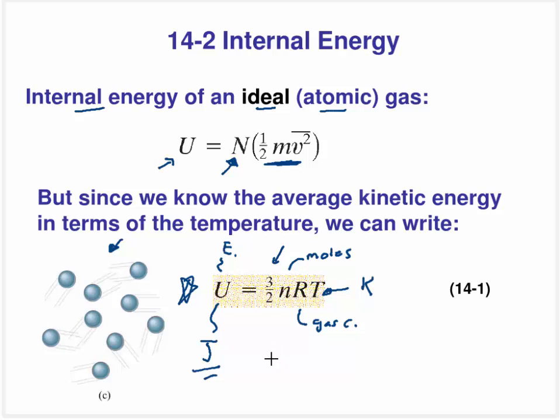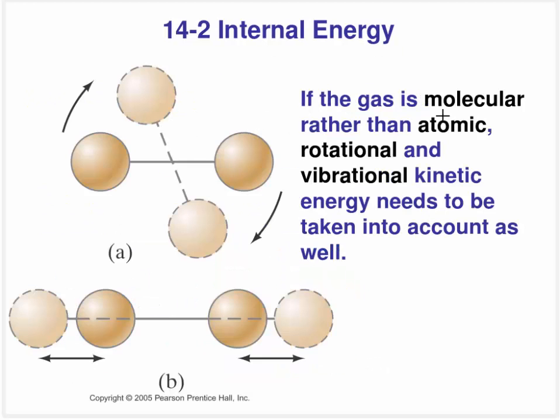Since we're only talking about a gas that has one atom in it, this is only going to be true for monatomic gases. If the gas is made up of molecules, then there's going to be the atomic energy as well as some energy associated with the fact that this molecule can now rotate, and there's going to be some chemical bonds in there, so there's going to be some potential energy.